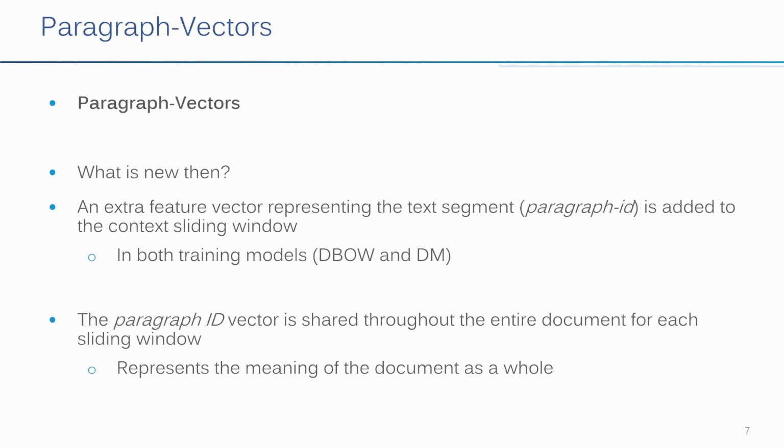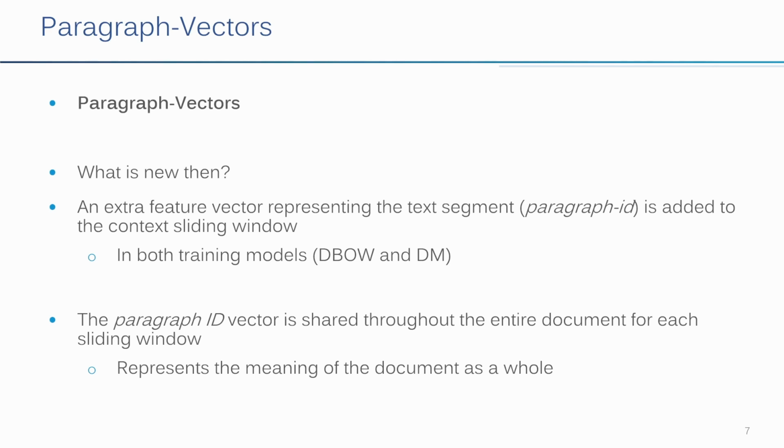In that case, since we have two algorithms, the distributed bag of words and distributed memory, that are analogous to skip-gram and continuous bag of words, what is new to the table? So on top of the context sliding window that we have, that will represent context and center words, we also have another vector representation. That vector representation is called the paragraph ID.